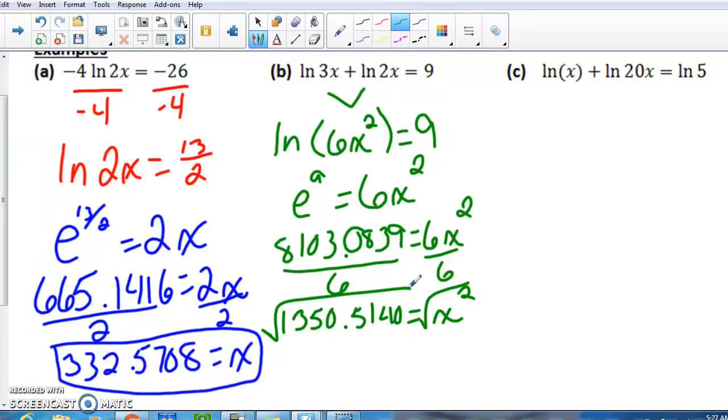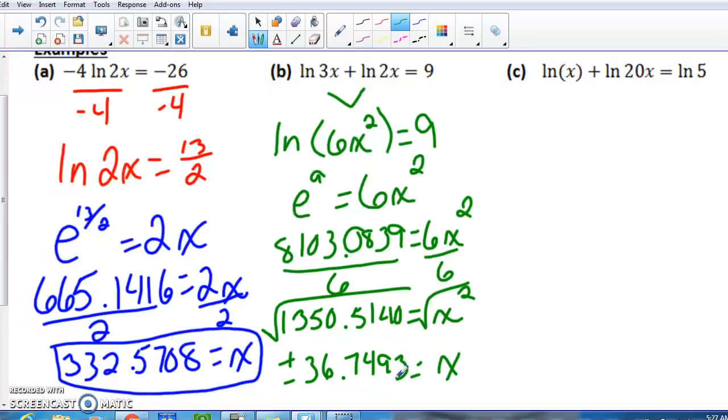Now, when I take the square root of 1350.5140, technically I get a positive or a negative version. So technically, this answer should be either plus or minus 36.7493. But again, I've got to check my answers.